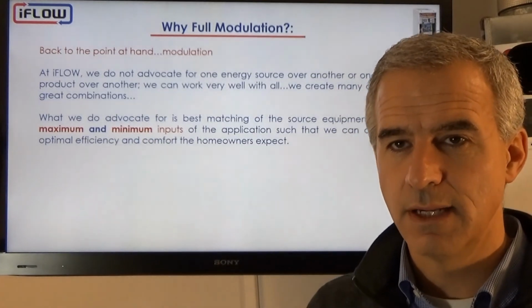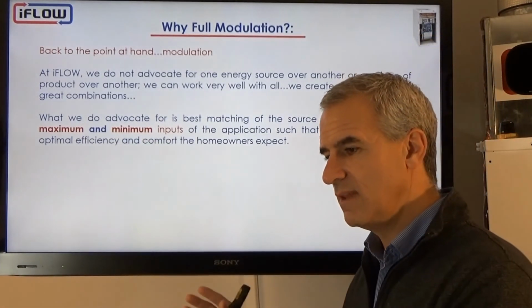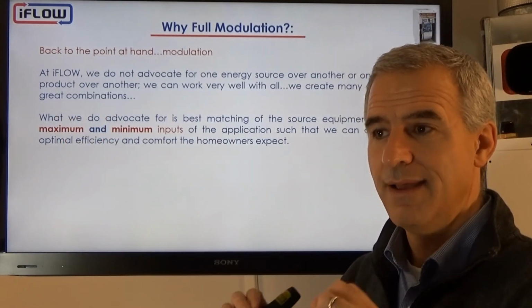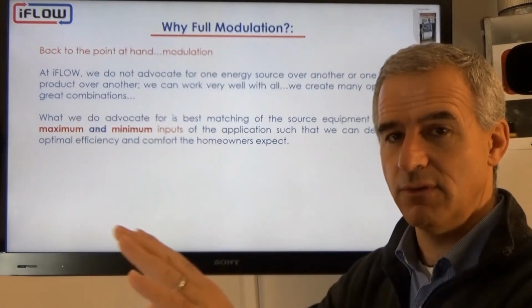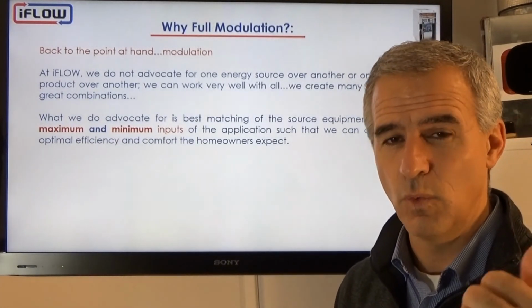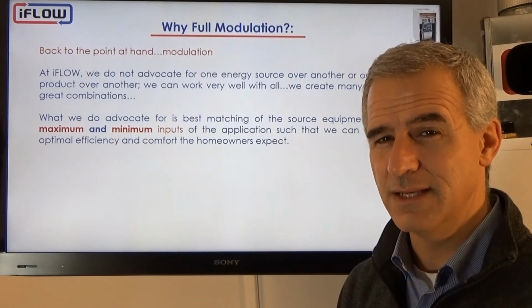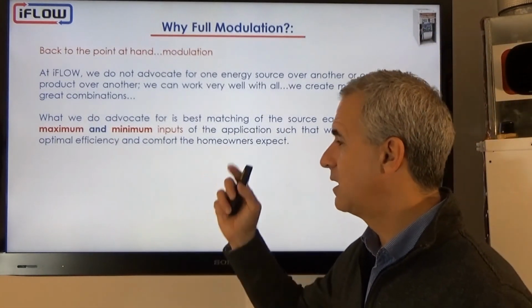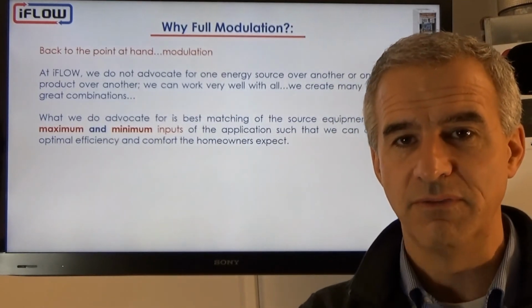When we pair that with the iFLOW to deliver the minimum and maximum, and then zone it to deliver that to the exact place in your house, when you need it, where you need it, and in the exact amounts you need it, that's going to be the optimal efficiency and comfort for the homeowner and maximum efficiency.